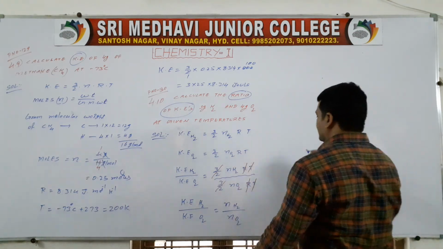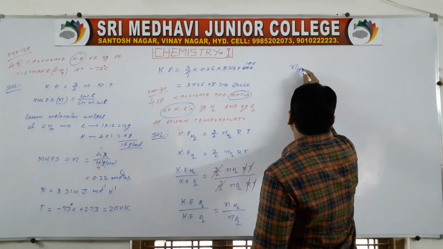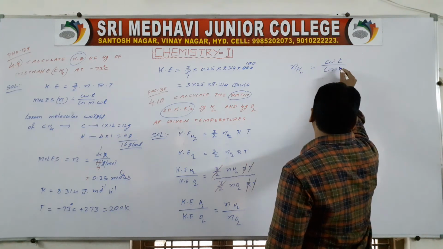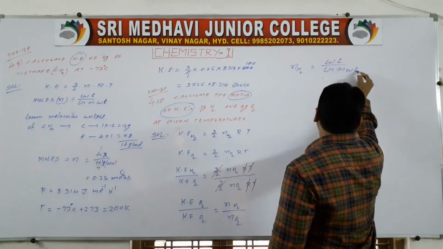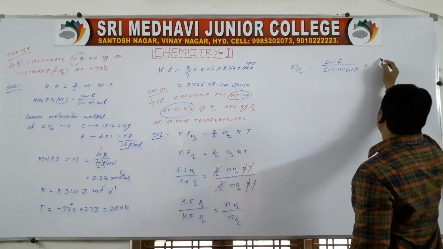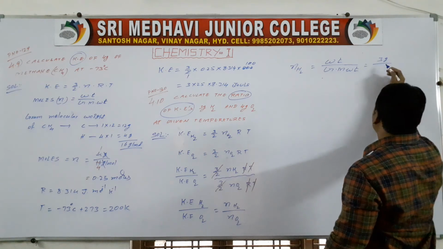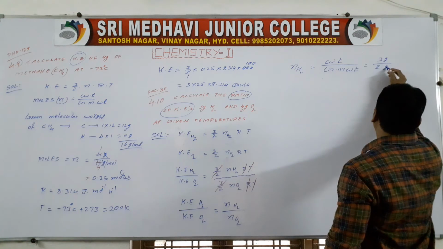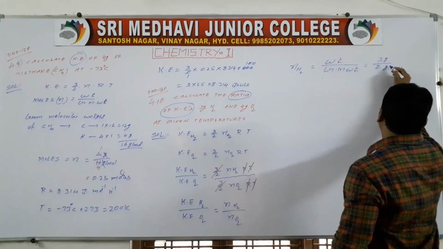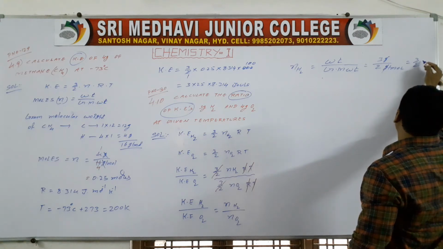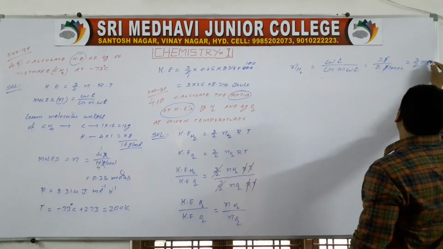See here, nH2 is equal to weight by gram molecular weight. Weight means 3 grams of hydrogen, so 3 grams by the molecular weight of hydrogen, 2 grams per mole. Grams cancel. Then it is equal to 3/2 mole.